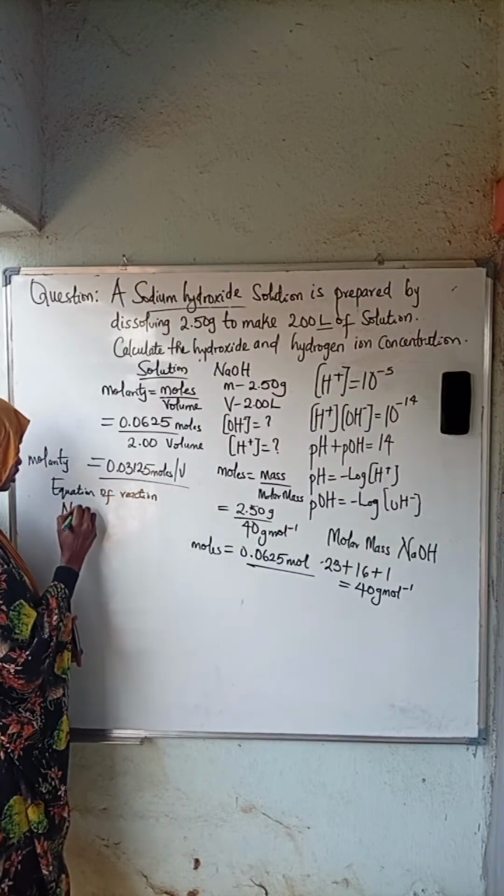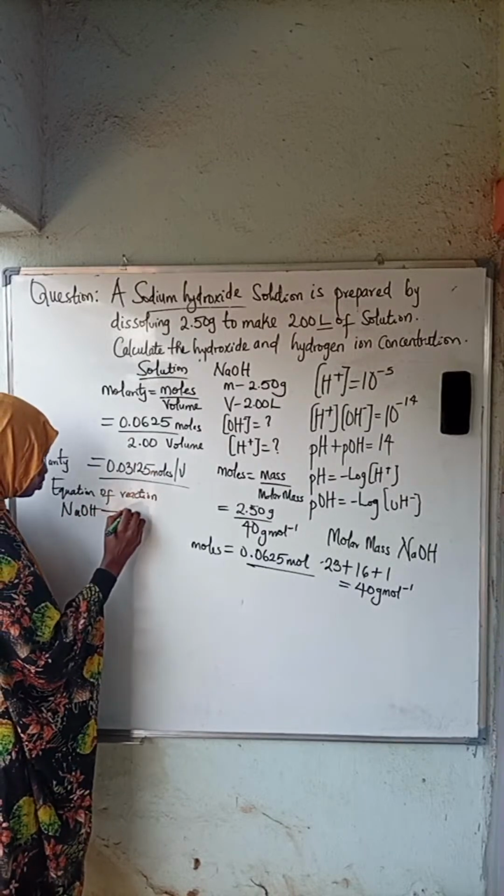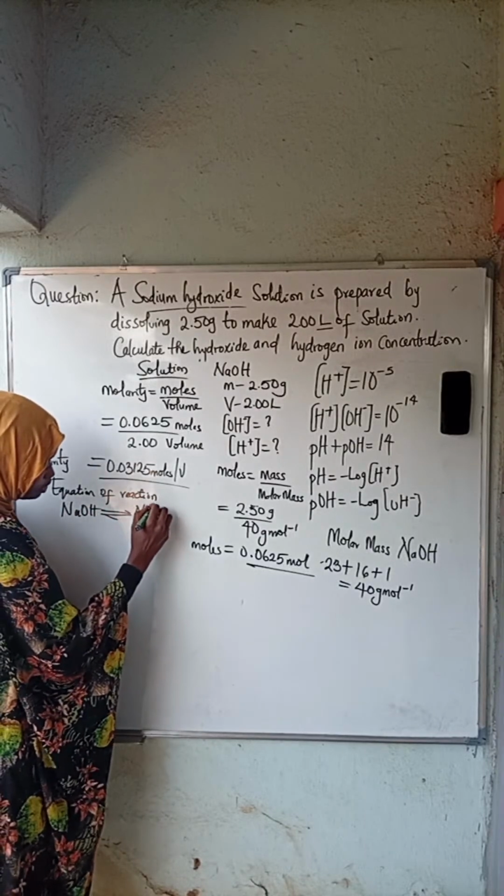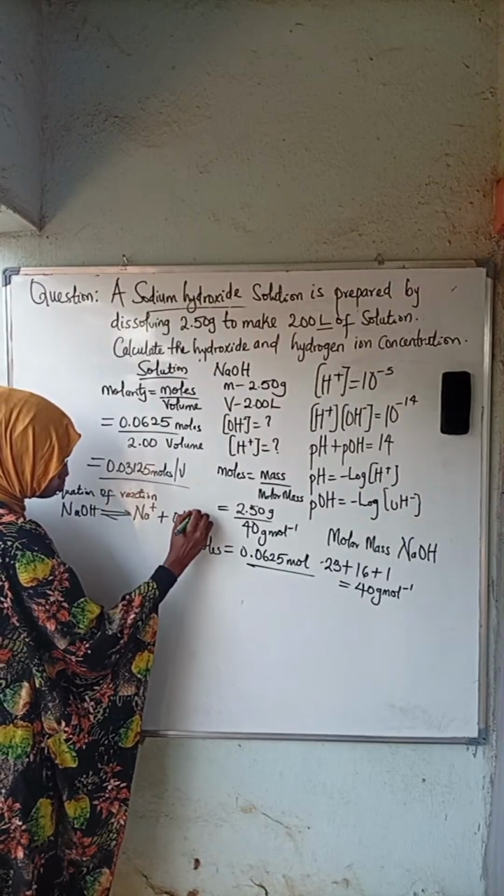So this is sodium hydroxide. So this is going to give us Na plus and OH minus.